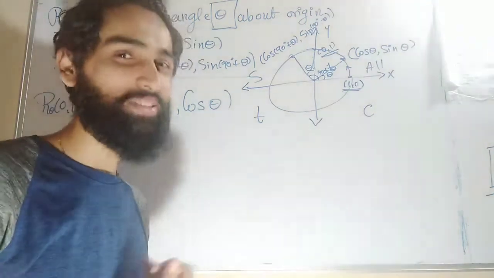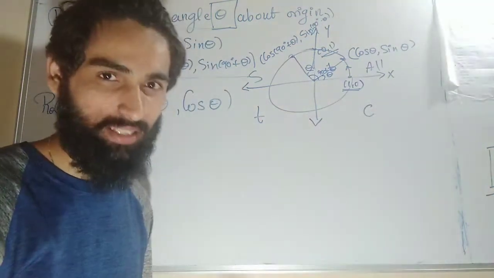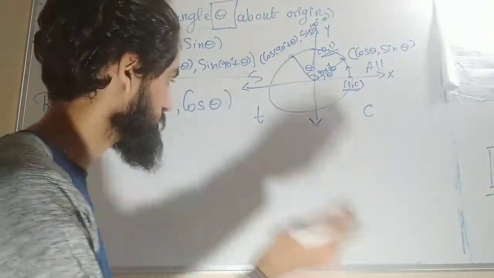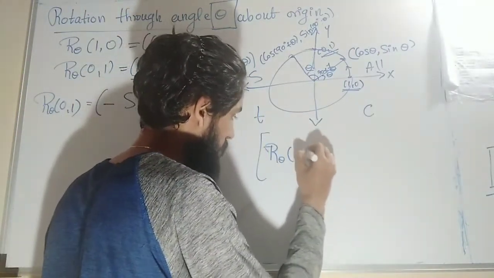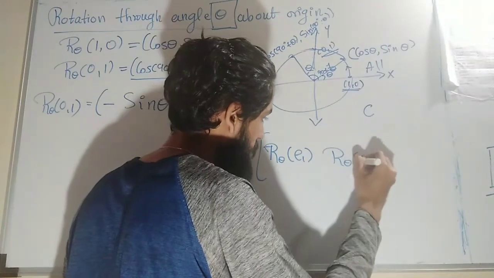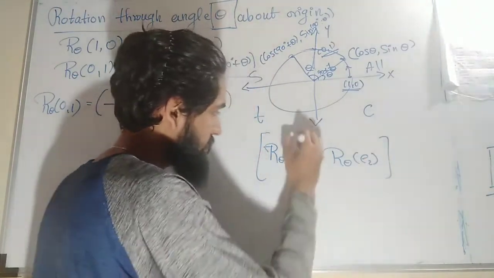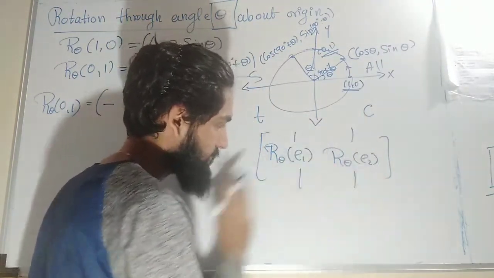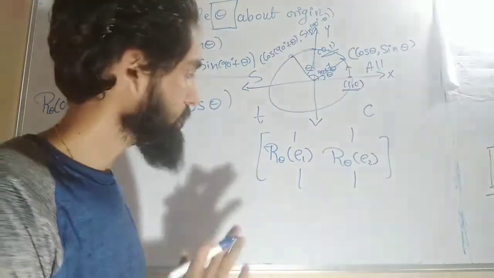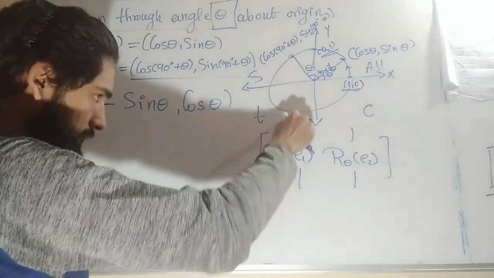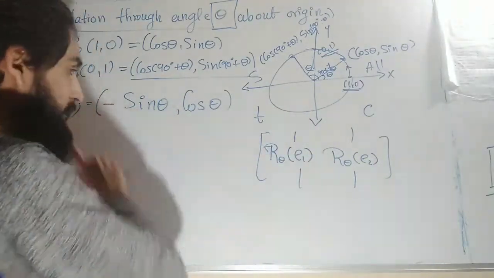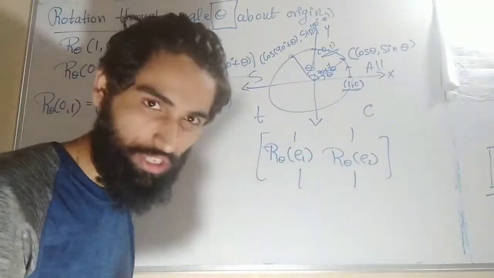I hope you also know that the matrix representation of any linear transformation is nothing but R theta e1 and R theta e2. Correct? What is this? I just remember it in this pattern: I will write the first basis element in this column, the second basis element in this column, meaning the coefficients only.